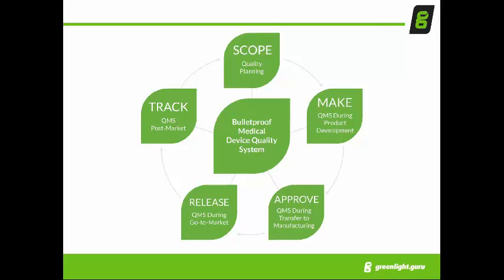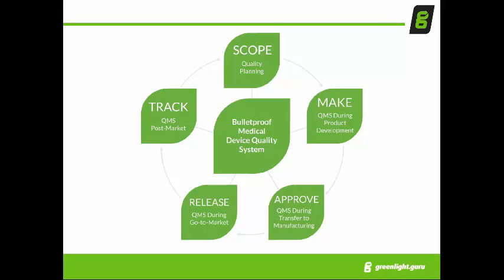You're going to go into the make phase of your quality management system efforts and build and bootstrap your quality management system as you go through this process. You're going to get to a point as you're developing your devices where you're going to send those off for regulatory clearance and approvals. You're going to get that authorization as part of the approve phase, and then you're going to move towards the release of these devices into the marketplace.